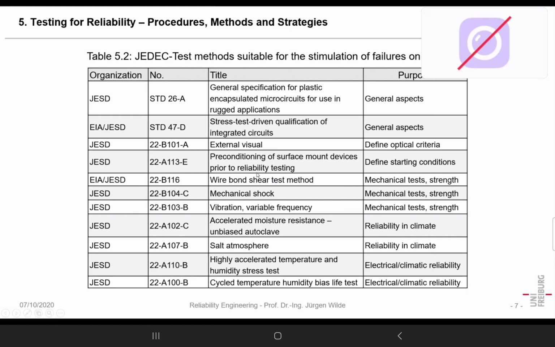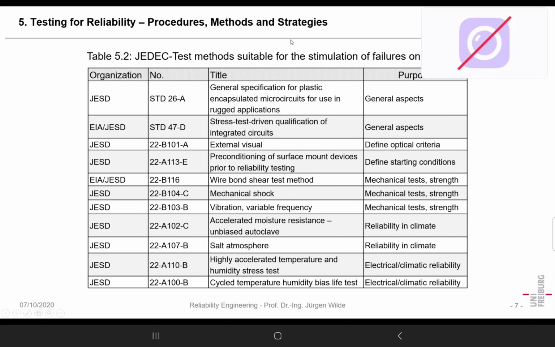Okay. Now the JEDEC conditions. Here is an overview of the standards we have. I will not go through that list. What is important, like every standard or family of standards, has some kind of synopsis.